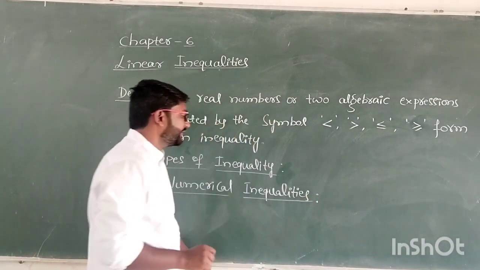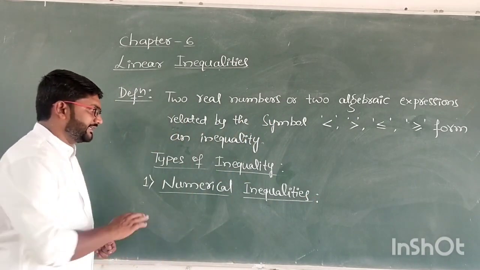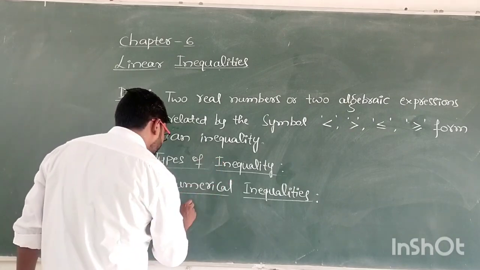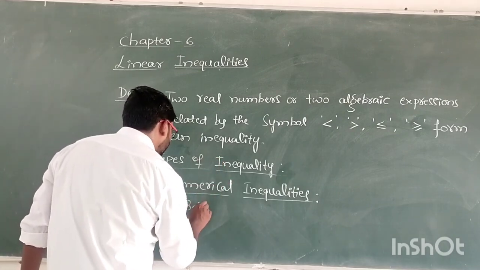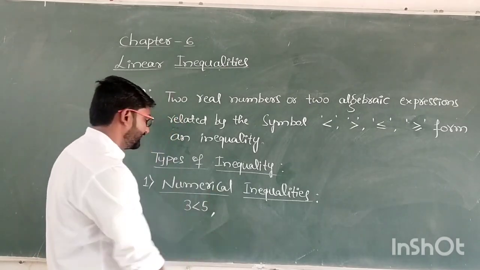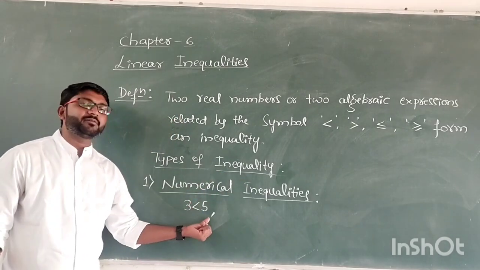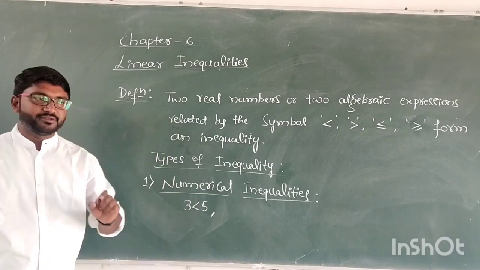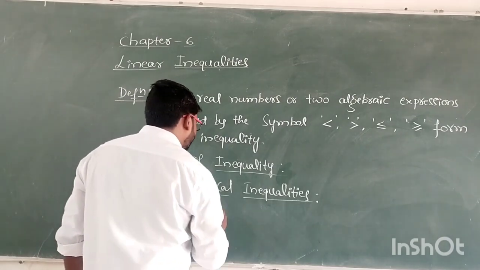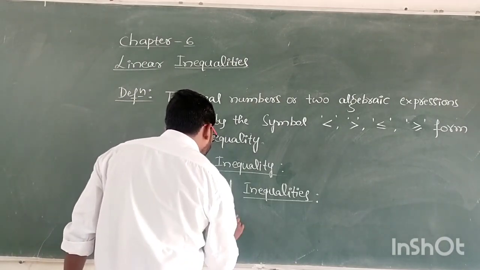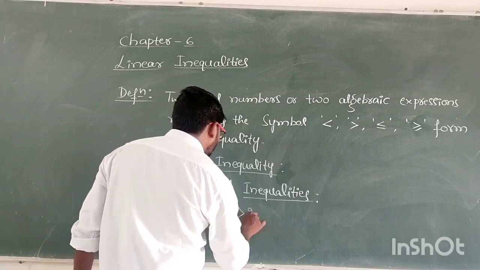The examples for numerical inequalities, let us give some of the examples. So here 3 less than 5. Numerical means that both the sides of inequality we should have the numbers. So 3 less than 5, and then another example can be 8 greater than 2.